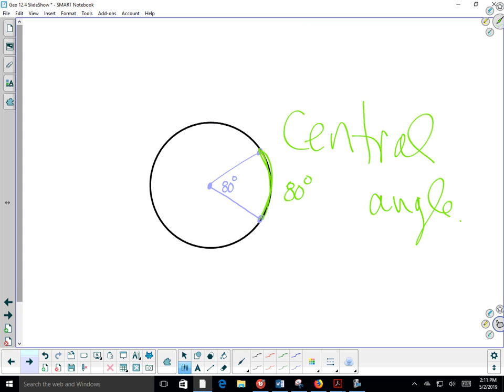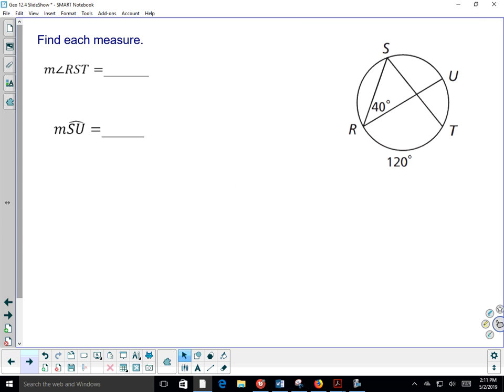Let's take a look at this example. In this case, we're trying to find the measure of angle RST, and we're trying to find the measure of arc SU. And I'm asking you to help me out with this. Andrew, how are you going to find the measure of angle RST? That's this angle right here. Hold for a second, Andrew.